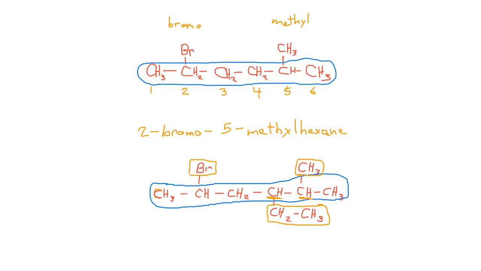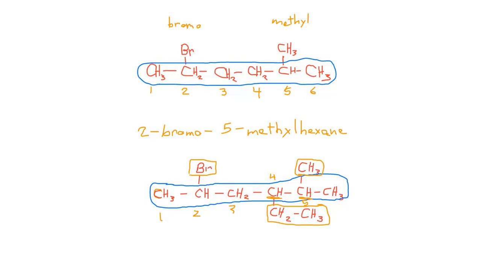All right. So yes, actually, this is not going to be on the left. I have to number from the right because remember, the first level of priority is the lowest number. So if I number from this side, I get 1, 2, 3, 4, 5. So I have 2 as the first substituent.